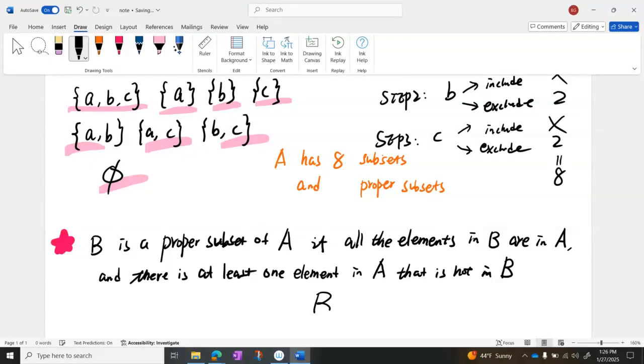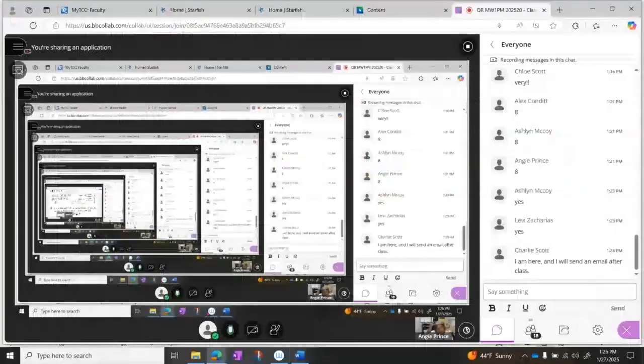In other words, proper subset means the equal does not hold. That means subset B has a smaller size than set A. Look at the definition and consider.